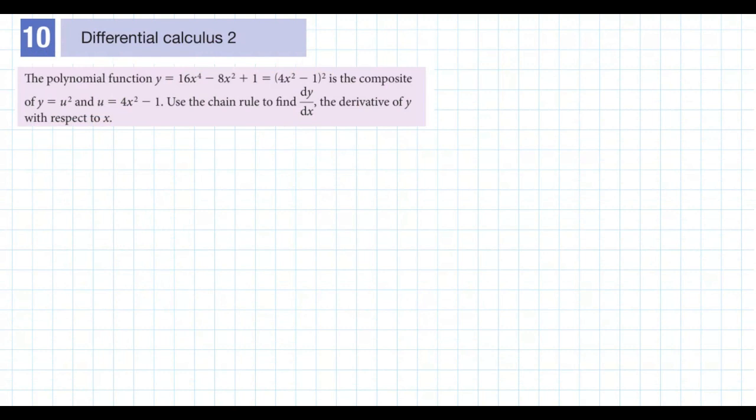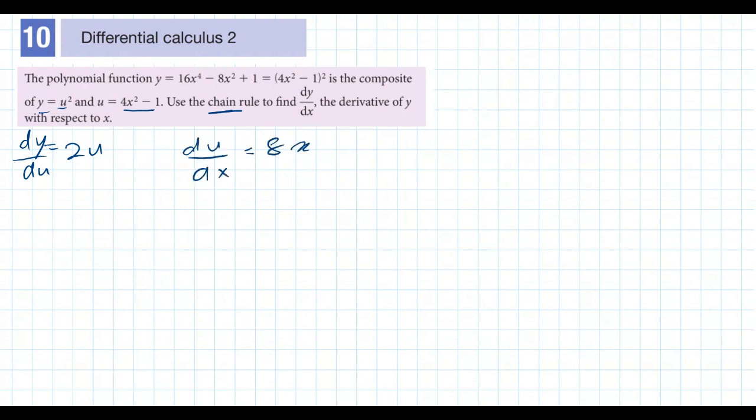And it says here, use the chain rule to find dy over dx. Okay, then u equals 4x squared minus 1 and y equals u squared. Then dy over du equals 2u. And du over dx equals 8x.